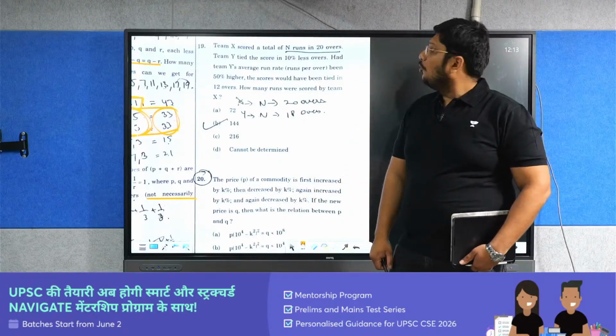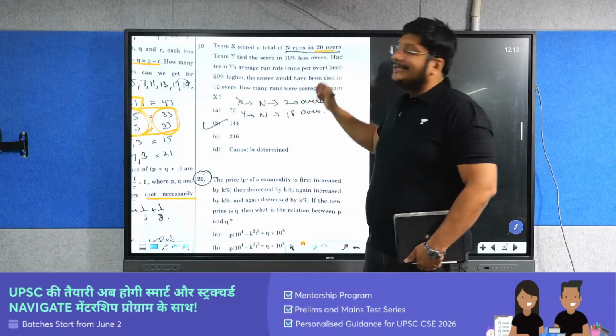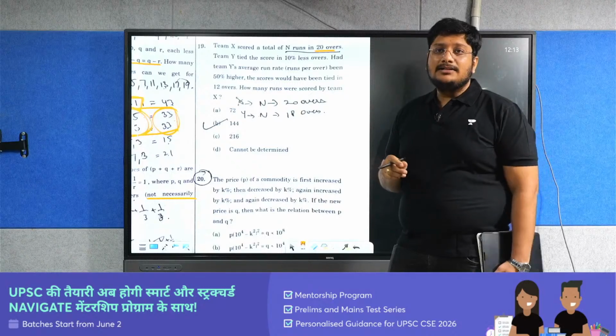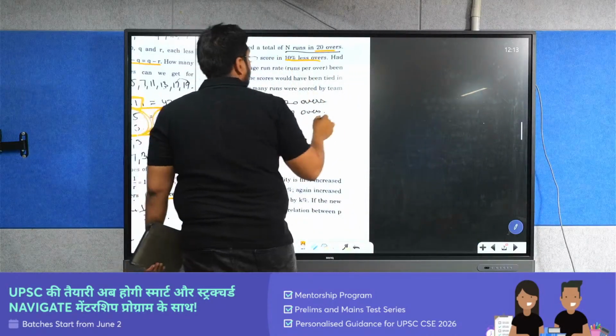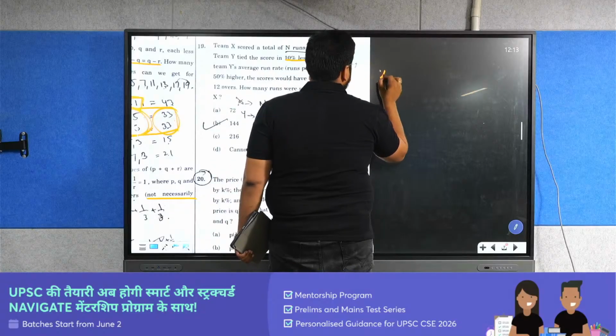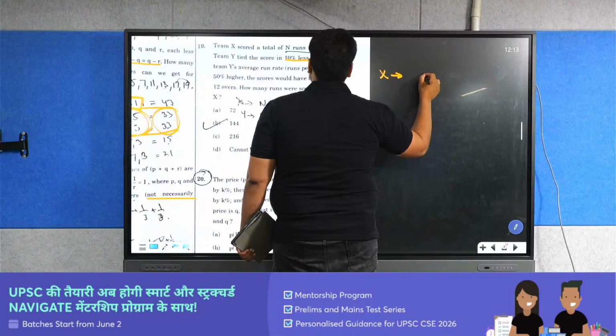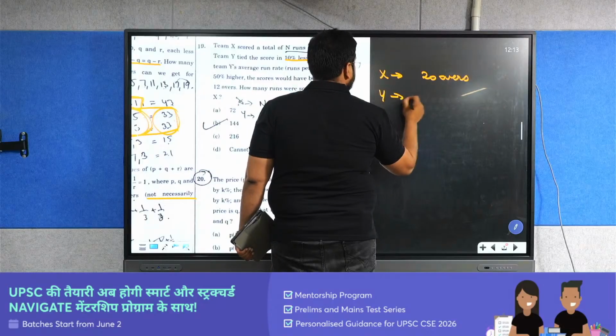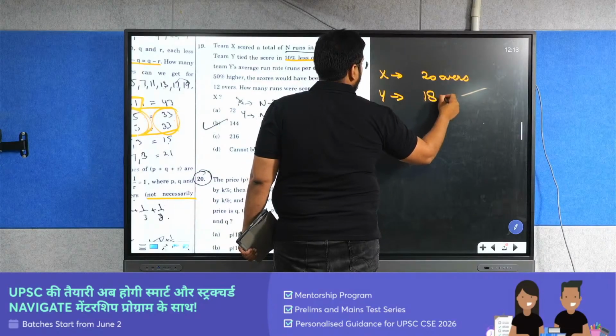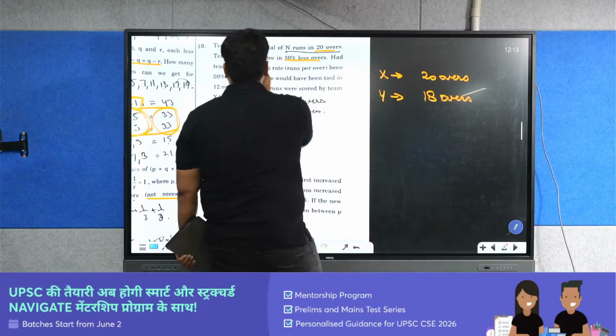Team X scored a total of N runs in 20 overs. Team Y tied the score in 10% fewer overs. That is, Team X scored some runs in 20 overs, and Team Y scored the same number of runs in 18 overs because of 10% fewer.